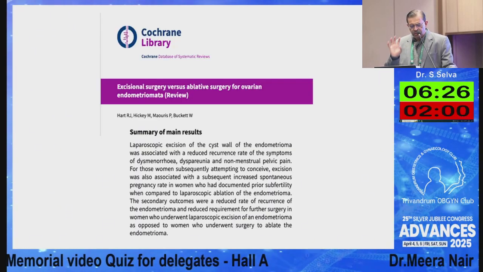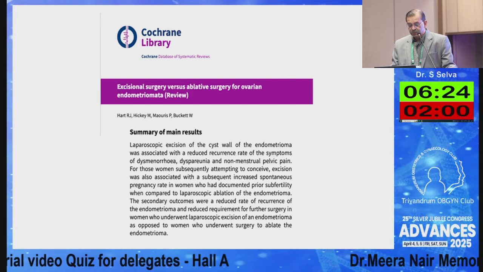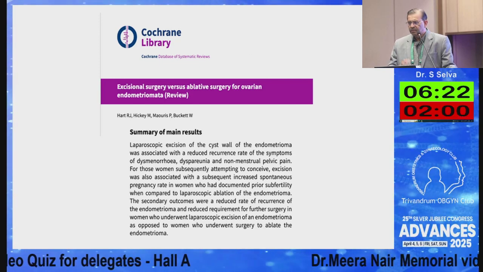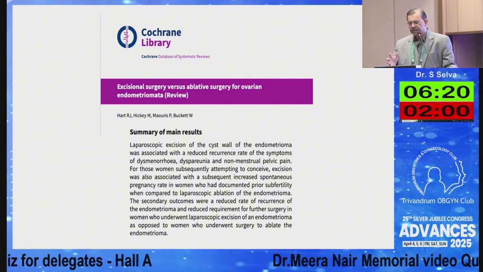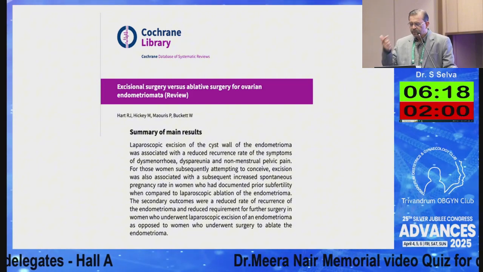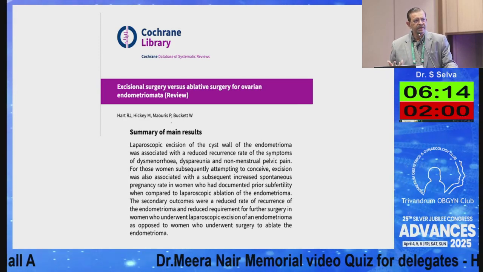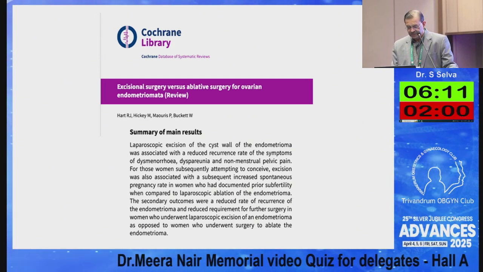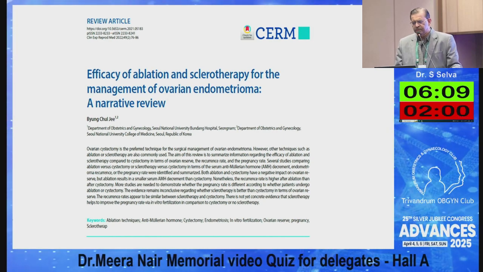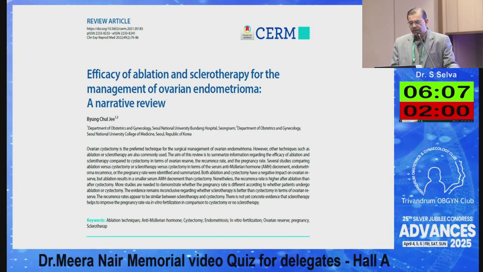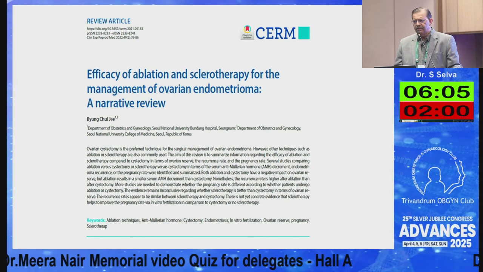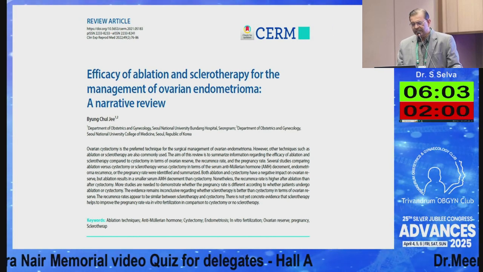This is the old Cochrane study, and they also said that if you do ablative treatment, you have higher recurrence, lower pregnancy rate, and lower AMH. So why are we doing ablative therapy? This is a recent review on ablation and sclerotherapy, and they have objectively reviewed what is current.